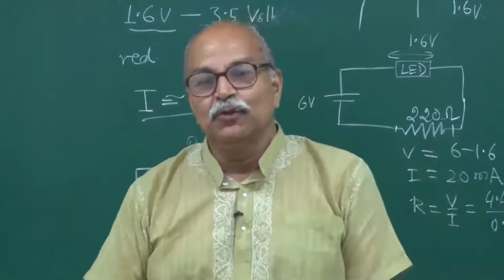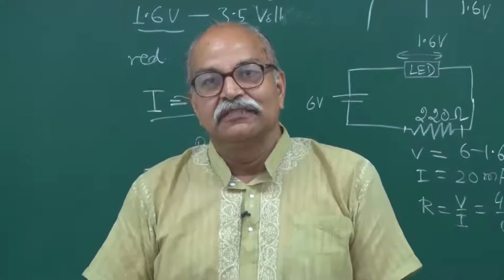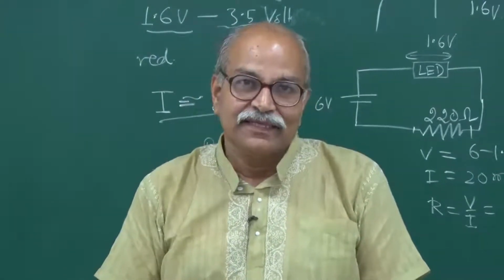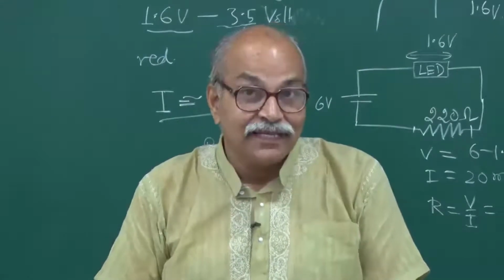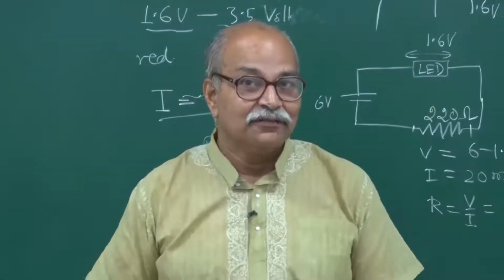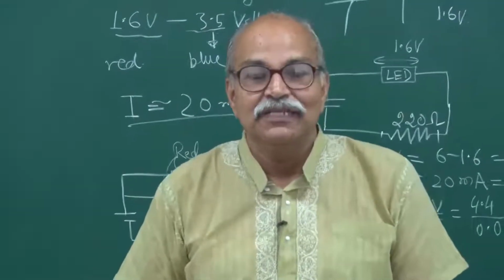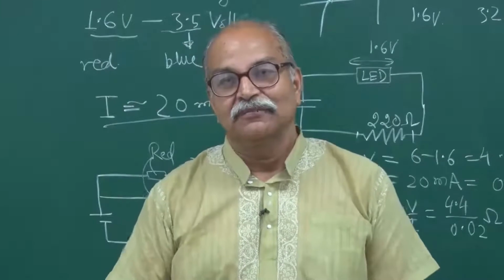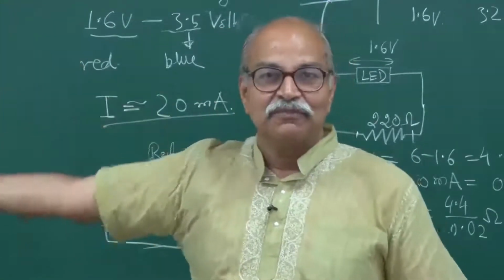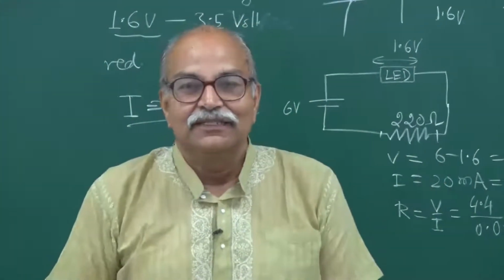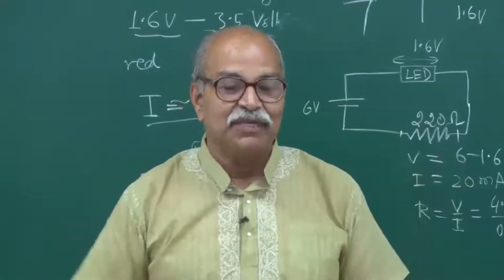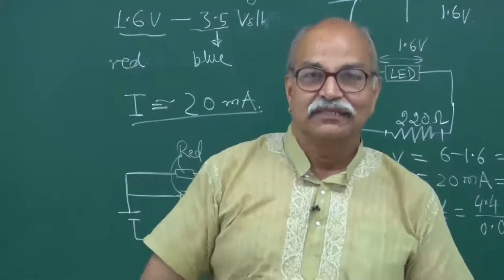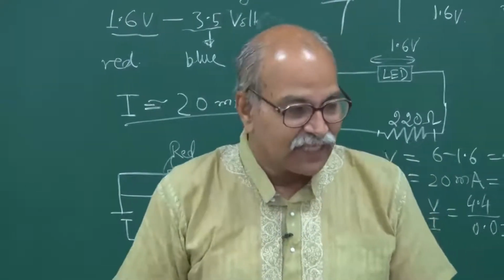Now, let me go to another kind of specialized application of the PN junction, and that is the solar cell. Another kind of diode which is very popular. Everyone knows solar panels, everyone sees solar panels here and there. Stations are being powered by solar panels, and everywhere solar panels are coming in a big way.